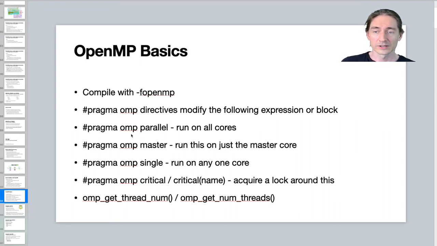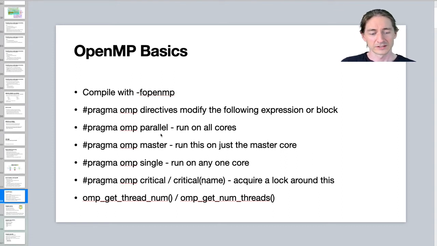So now it'll run the remaining code in your program, the following block or the following expression in parallel. Okay, so that means if you just have, say, a printf statement following after, you'll get many printfs, or many prints out of that. That's not necessarily what you want.